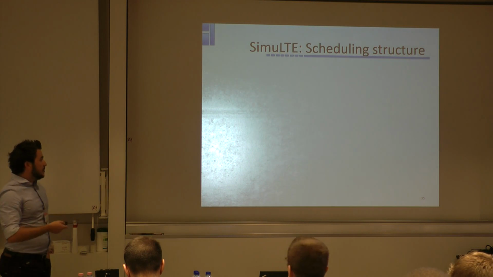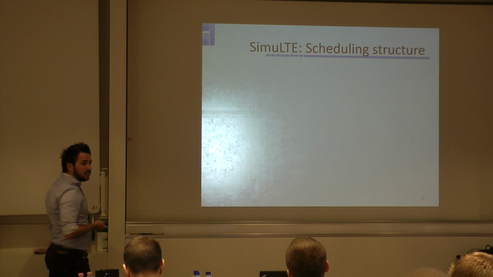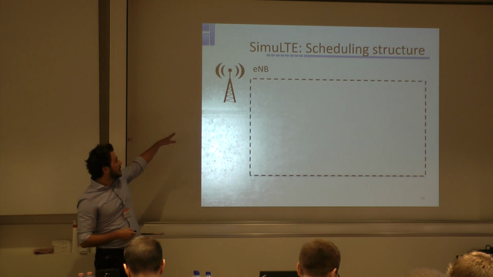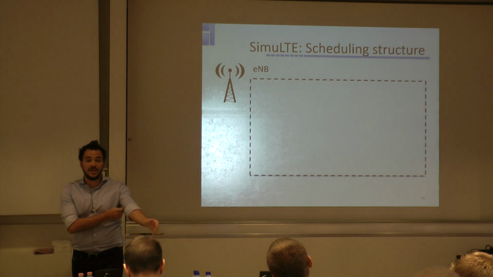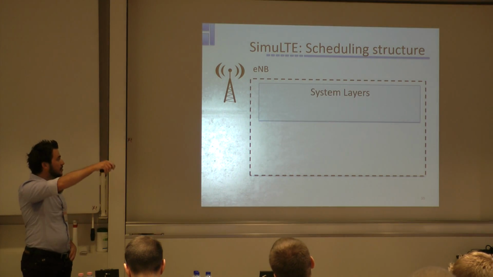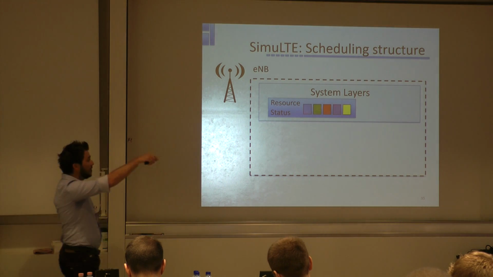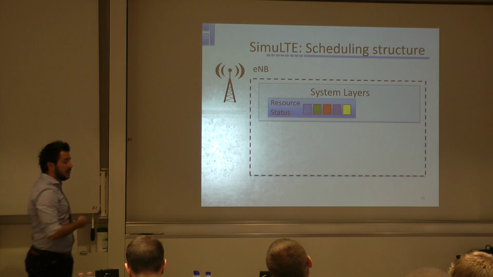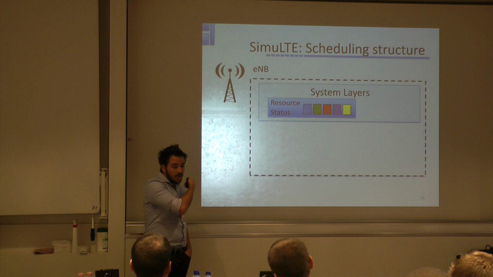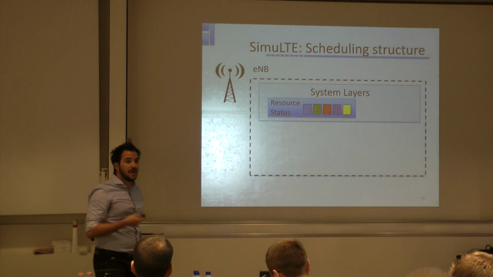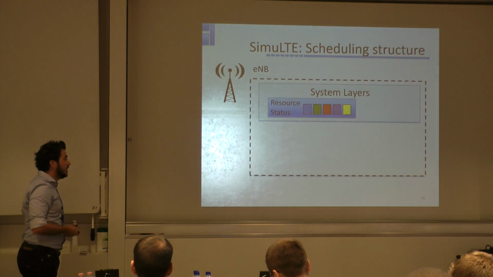So SimuLTE is actually focused on solving resource scheduling algorithms. The node B, the main node, is composed of course of a lot of system layers. And in particular, we have a layer that will deal with the resource allocation, so on how those resources are allocated, how many of them are available, something like that.